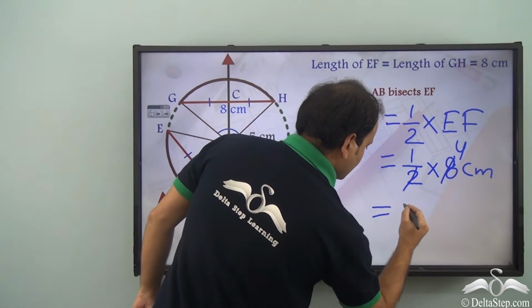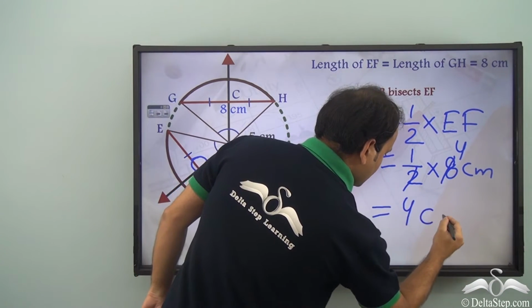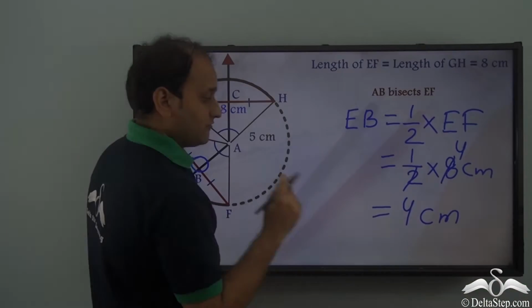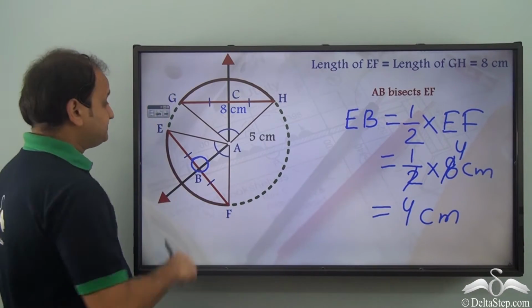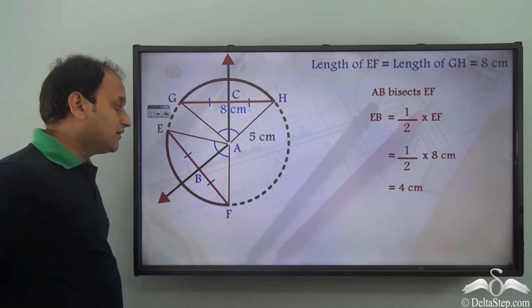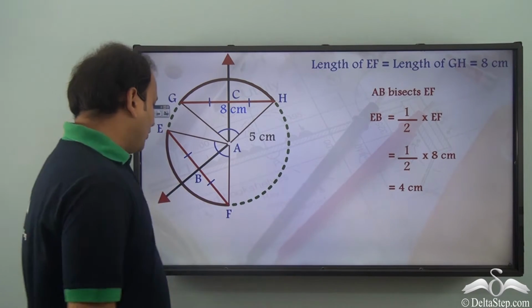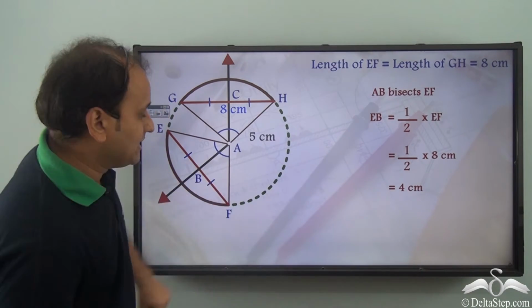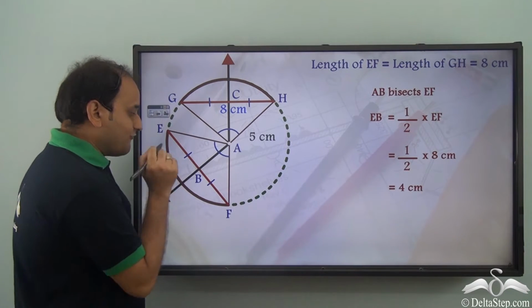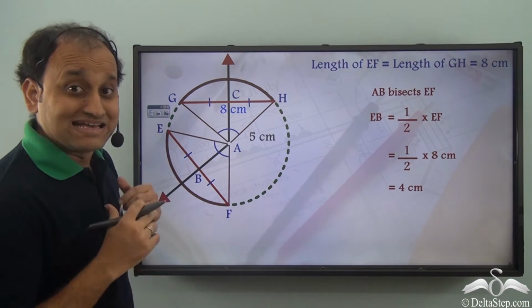Four centimeters. So we know that EB is nothing but 4 centimeters.